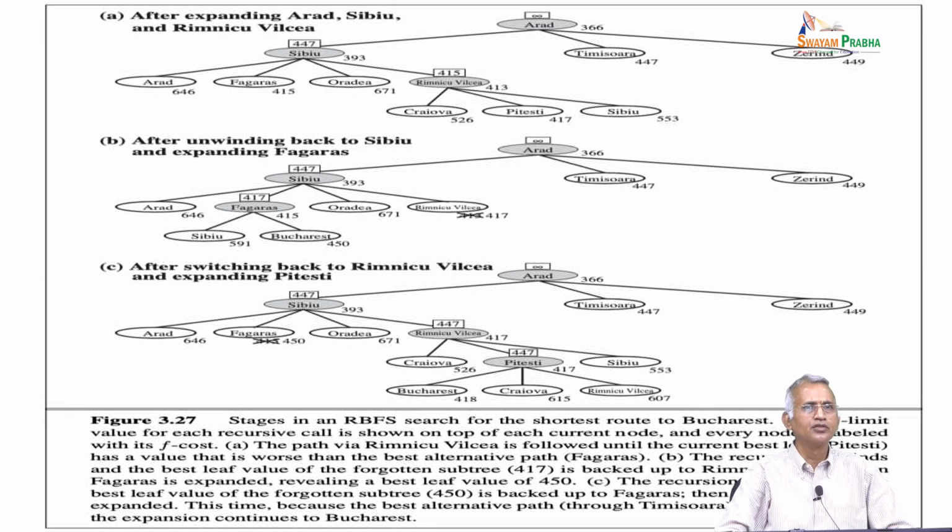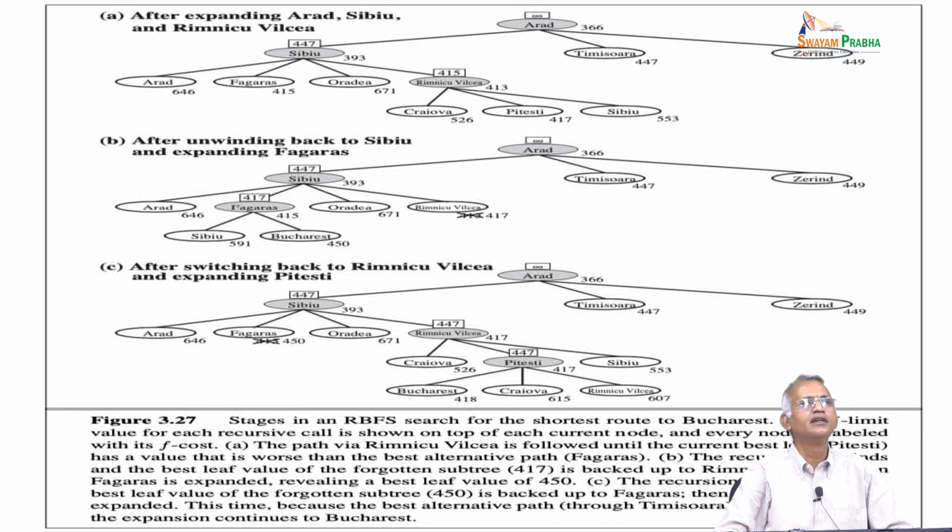The path through Rimnicu Vilcea is followed until the current best leaf is Pitesti, and the best leaf value of the forgotten subtree is backed up to Rimnicu Vilcea. Then the best leaf value of the forgotten subtree is backed up to Fagaras. Then Rimnicu Vilcea is expanded next time because the best alternative path costs at least 447. So the expansion continues to Bucharest.